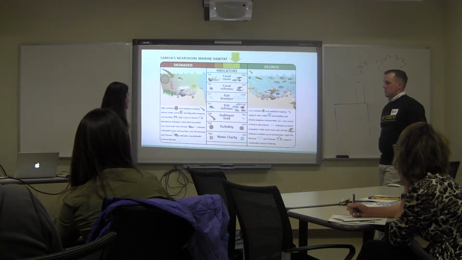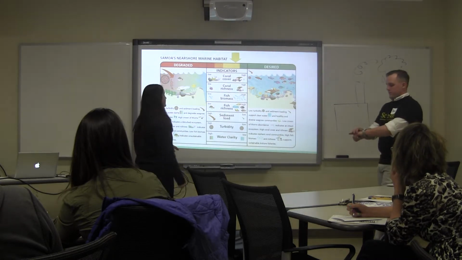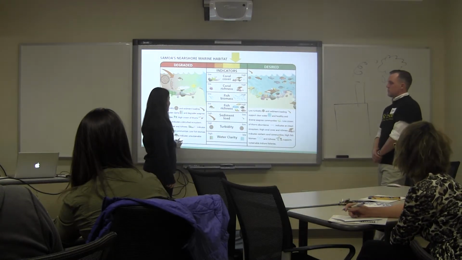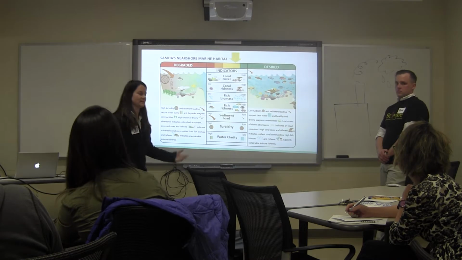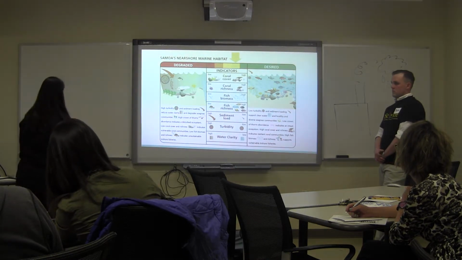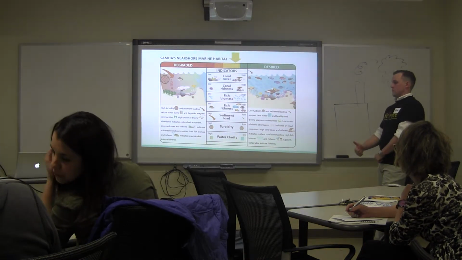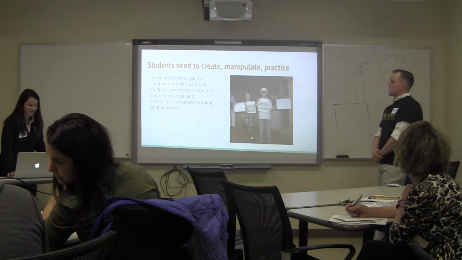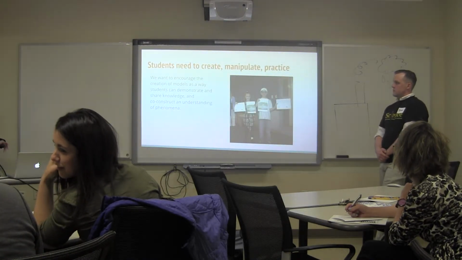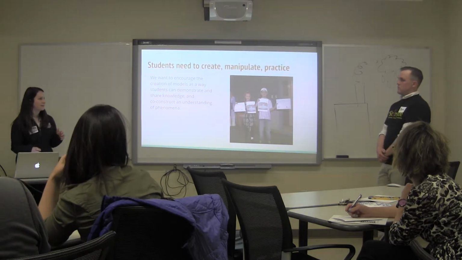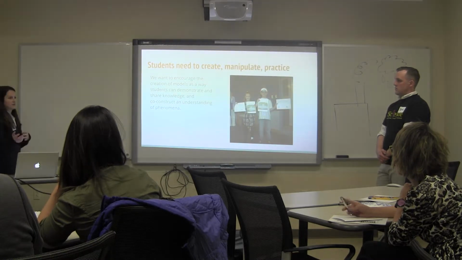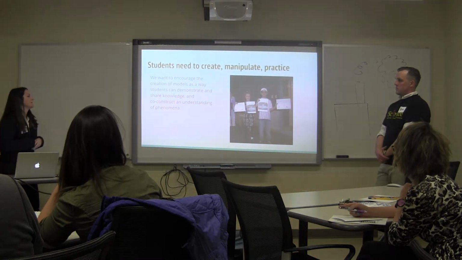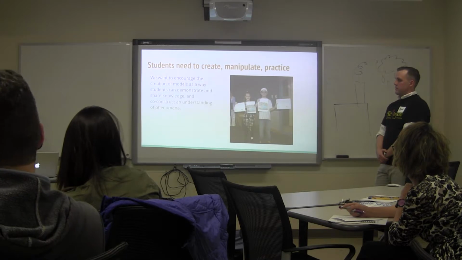And then thinking about integrating these symbols into the legend and explaining what is going on in this diagram, not just listing out the legend on the side, but including some sort of context for the viewer. Students need to be able to start creating, manipulating, and practicing creating these types of models, to share knowledge and co-construct models and an understanding of phenomena.